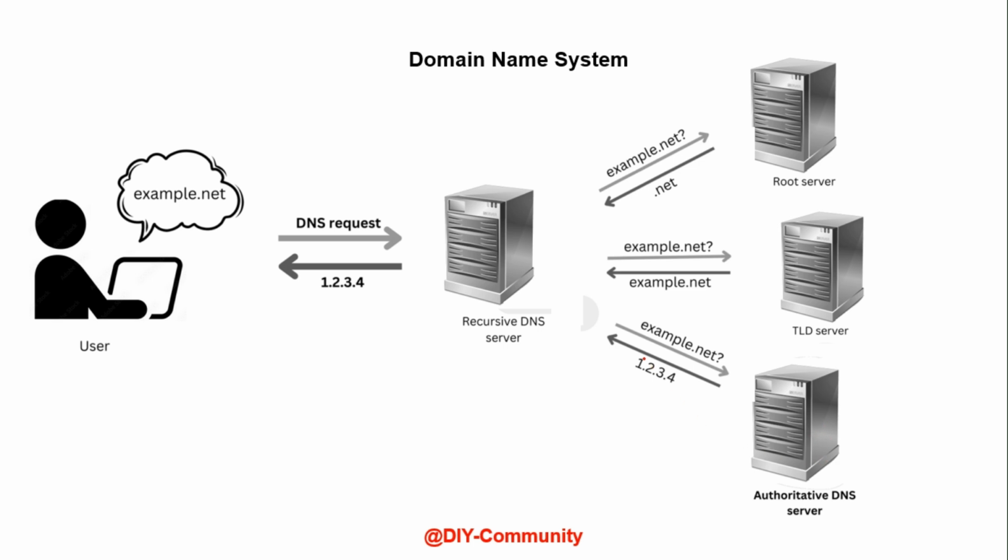That IP address is sent back to the user via the recursive DNS server. So this is a very simple end-to-end workflow which tells you how, when you type example.net in your browser, it gets transformed into a valid IP address.